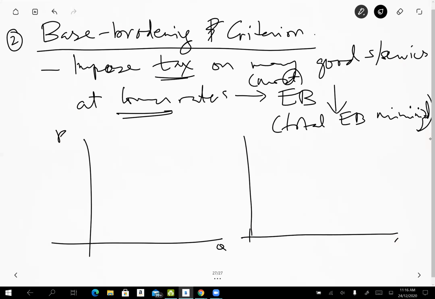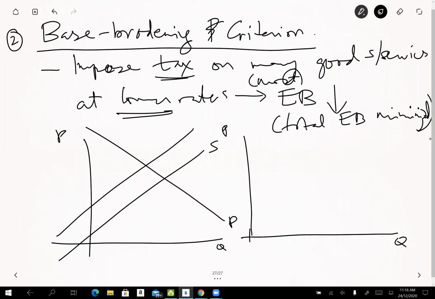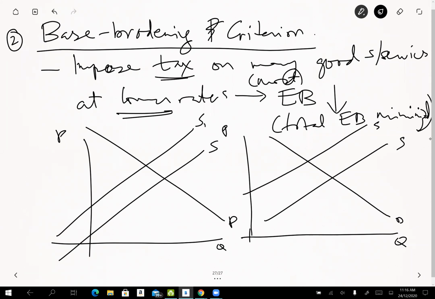You look at two goods, where you can draw the supply and the demand, and then you have the tax, and similarly for this one, I have the tax here. So now what we do, you tax both goods smaller. You can see here that is the excess burden, and here you have another excess burden.